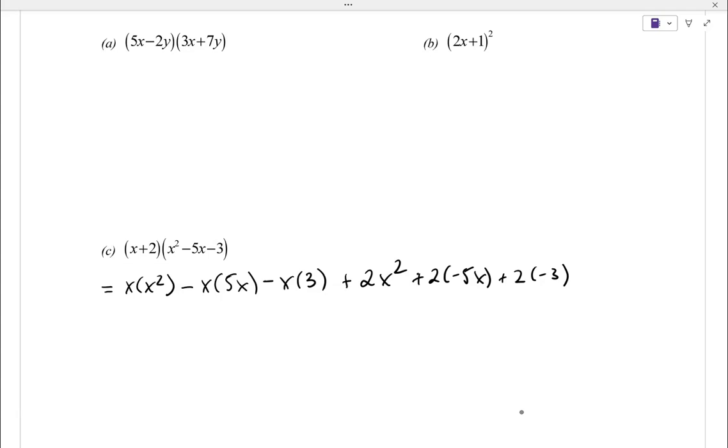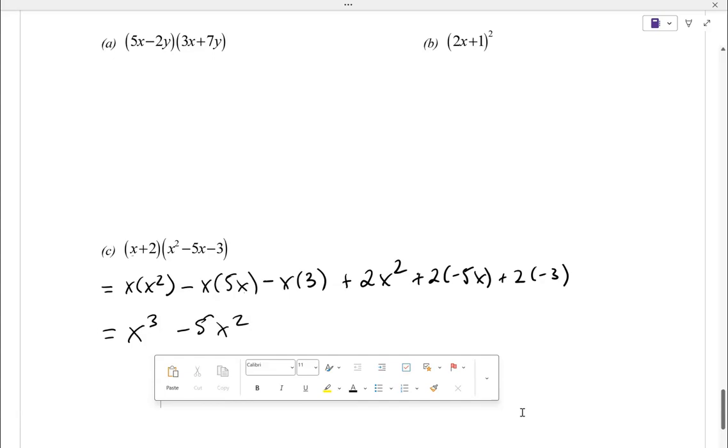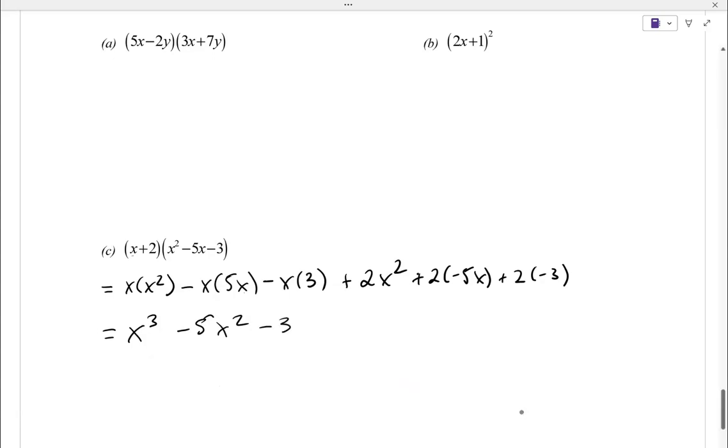What do we get when we multiply the x times the x squared? X cubed. X times 5x gives us minus 5x squared. Good. Notice it's negative because we took a positive x and a negative 5x there. X times 3 just gives us 3x, right?